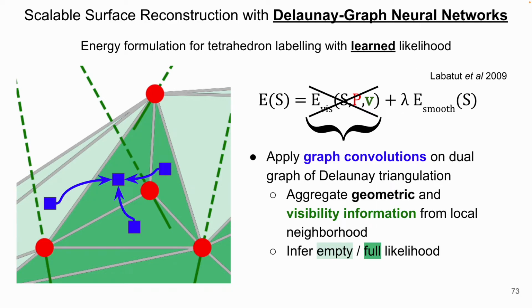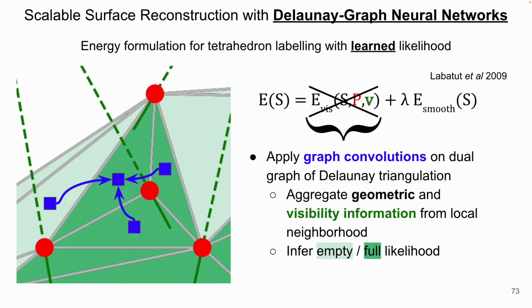And to improve these local empty or full decisions of the graph cut, we use a graph neural network to calculate empty full likelihoods in our proposed approach, instead of using handcrafted functions or rules. So the graph neural network computes an empty full likelihood for each cell from the geometry and visibility information in the local neighborhood of this cell.